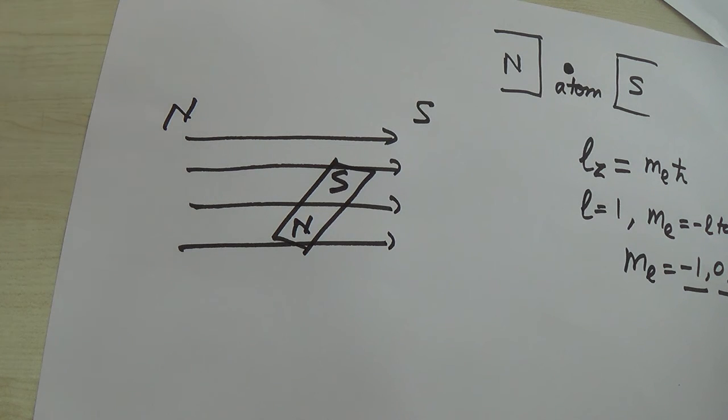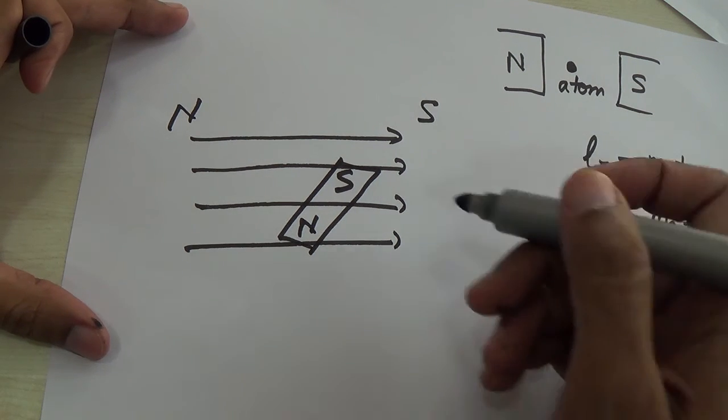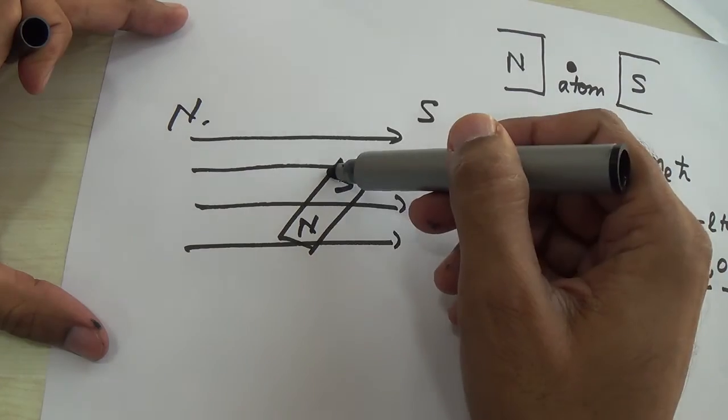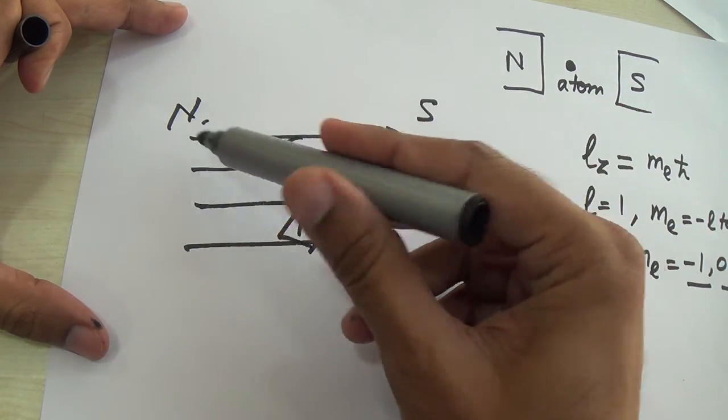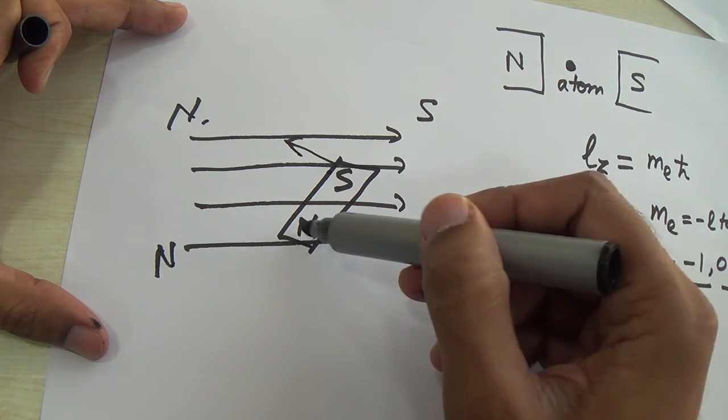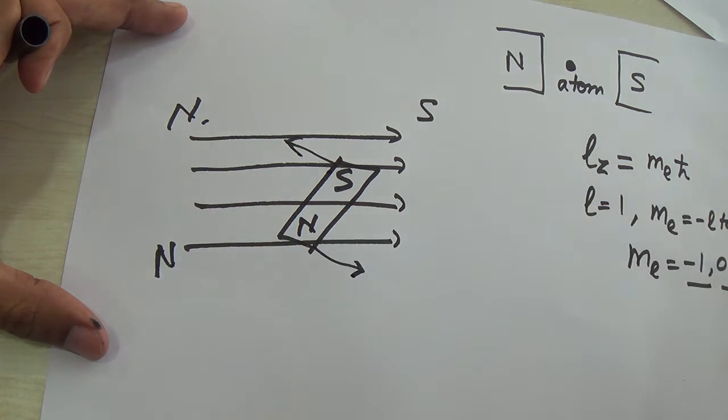So in the presence of uniform magnetic field, when you keep a bar magnet, it basically starts to rotate, or it tries to align in the direction of the magnetic field. So if you see here, this is N, this is S, so it will attract it towards it. This is N, on this side, it will repel basically to this side.